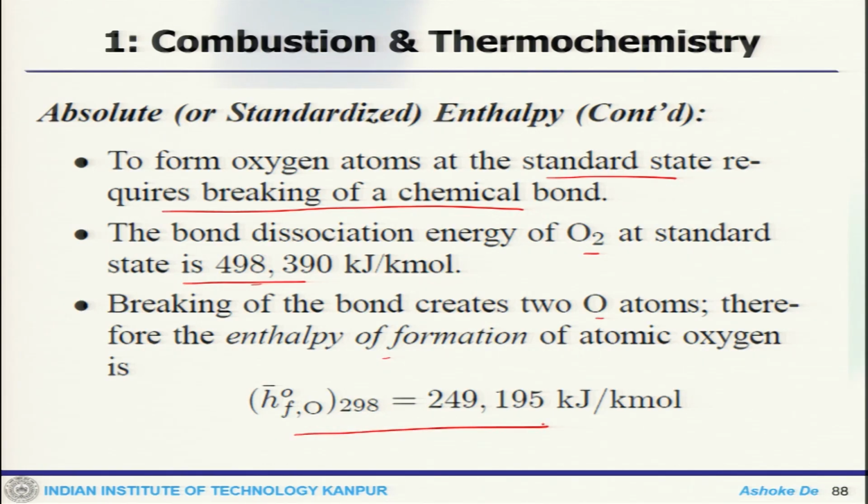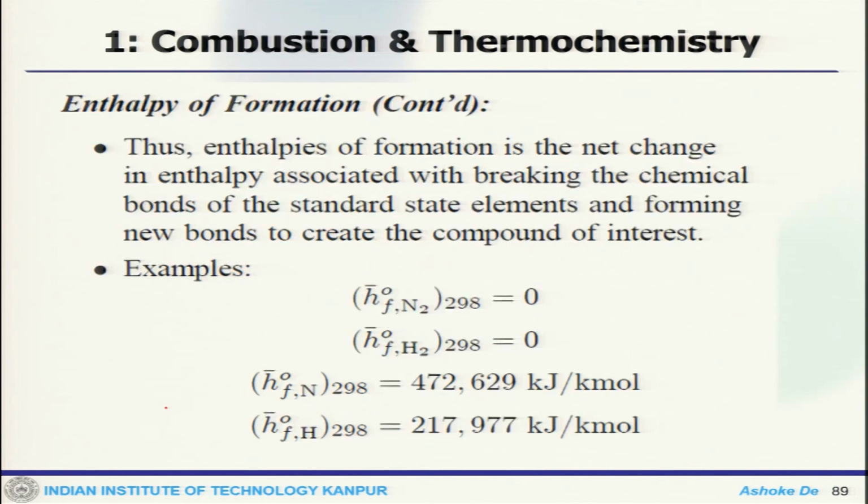So, the enthalpy of formation is the energy provided to break this O2 into two O atoms, and you get the atoms here, and that is what the enthalpy of formation is.